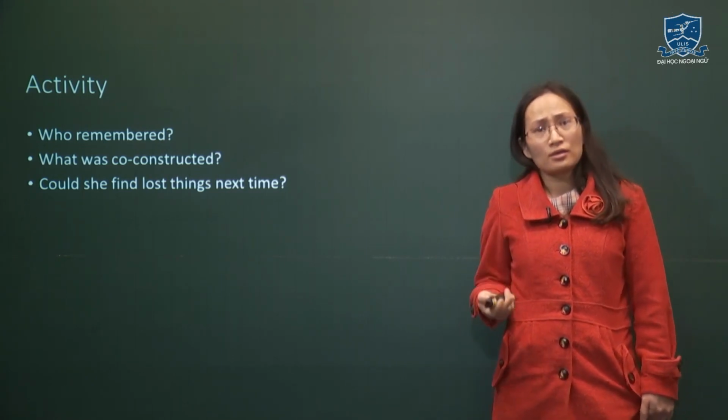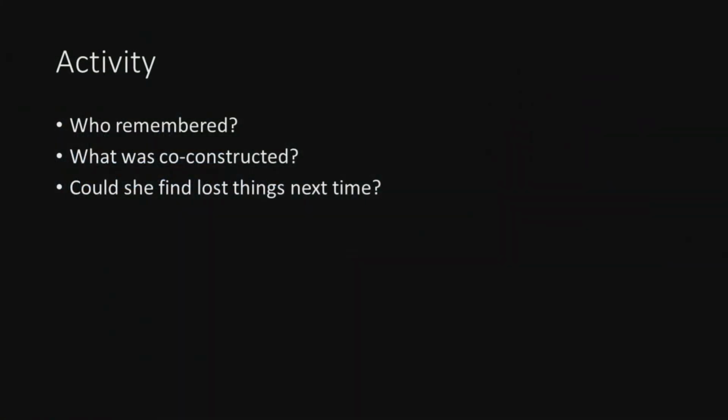And what was co-constructed here? That is the process of remembering and solving the problem. The problem here is finding a lost toy. Both the father and the daughter joined their conversation.